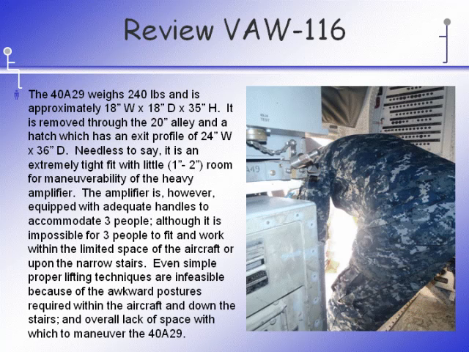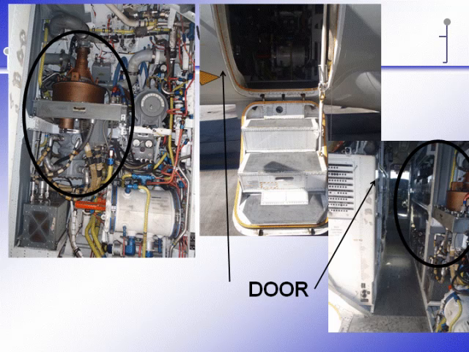And the amplifier is only 1 to 2 inches shorter and narrower than the size of the door. Another challenge, besides the amplifier being about the same size as the door, is that you can't tip it sideways when you're moving it out of the aircraft. In our first picture, you can see the circle of the amplifier.